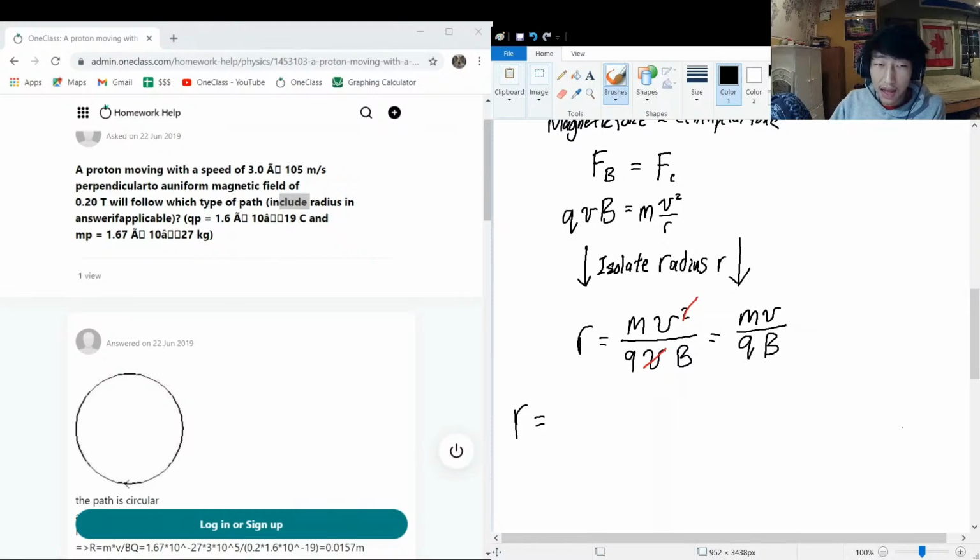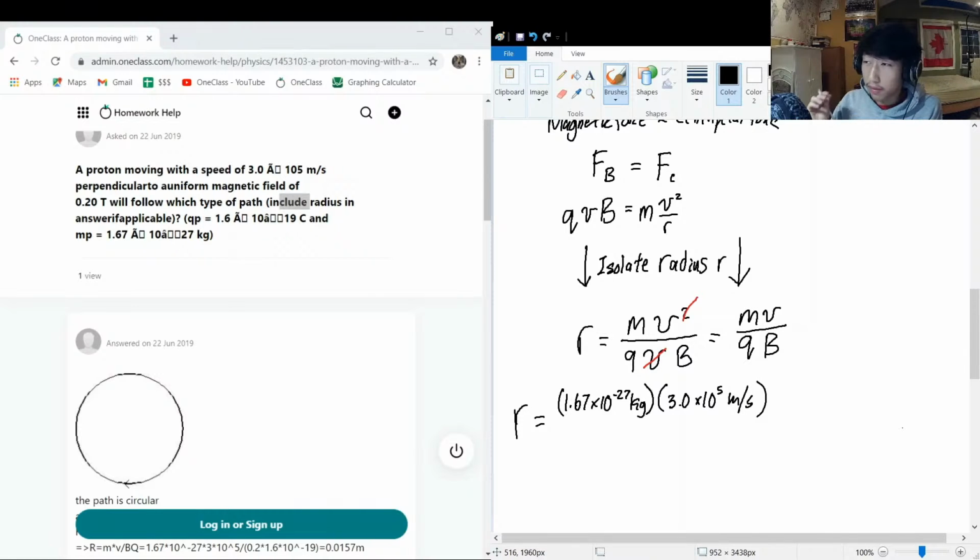We know that it was the mass of a proton, so that's 1.67 times 10 to the negative 27 kilograms. Now we have our velocity, which is 3.0 times 10 to the 5 meters per second.